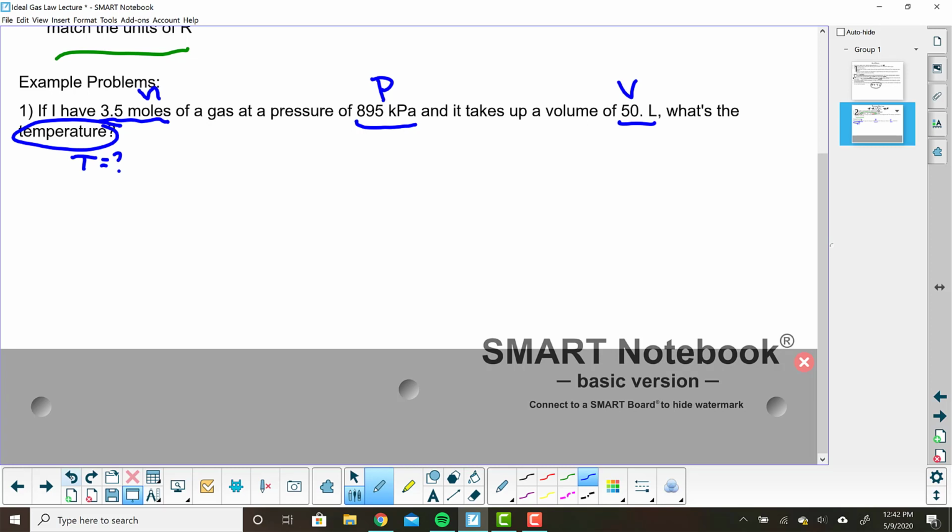Now, I've already told you that we are going to be using the ideal gas law, PV equals nRT. So let's just make sure that we have everything accounted for here. We do have pressure, we have volume, we have n. R is a constant, so we just have to scroll up to find it, and we are going to find T. So looks good. What we do want to determine is what value of R we are going to use.